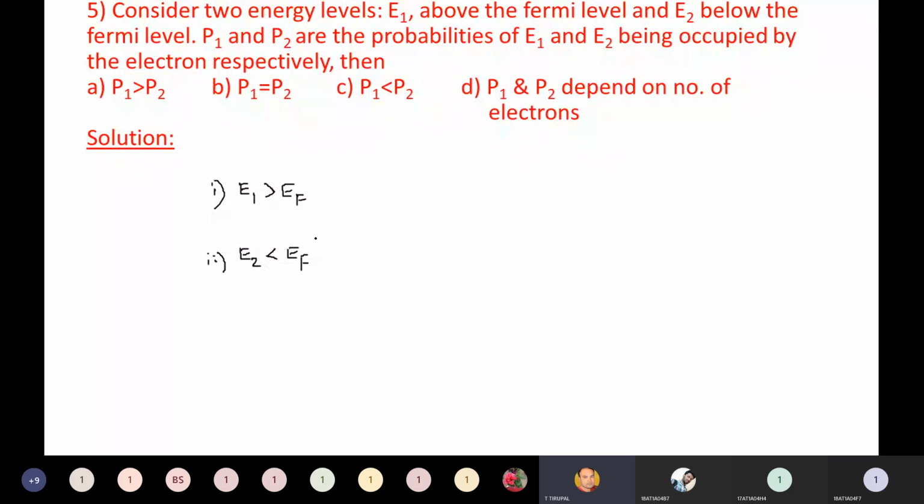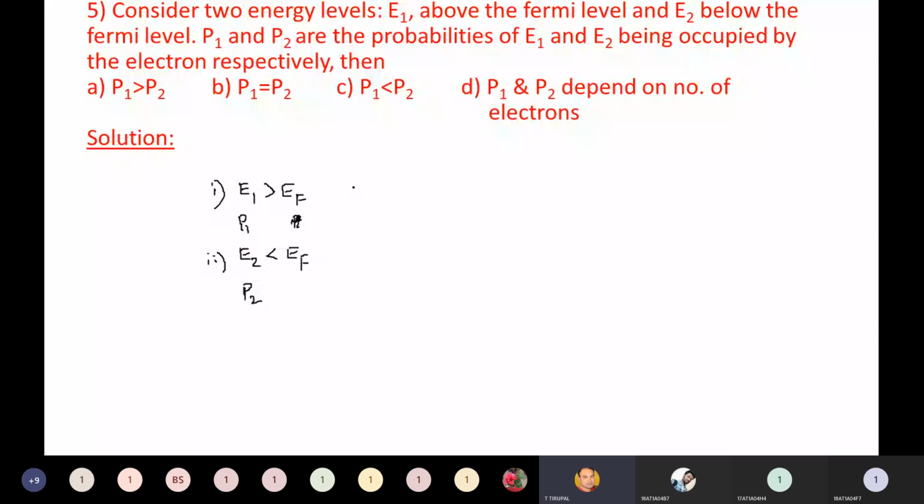Next, P1 and P2 are the probabilities of E1 and E2. If E1 is greater than E2, this is the probability P1, and this is the probability of E2, P2, of being occupied by the electron respectively.